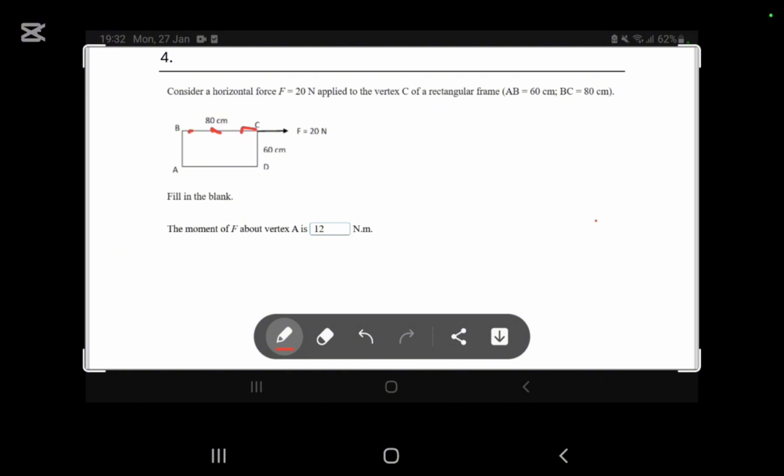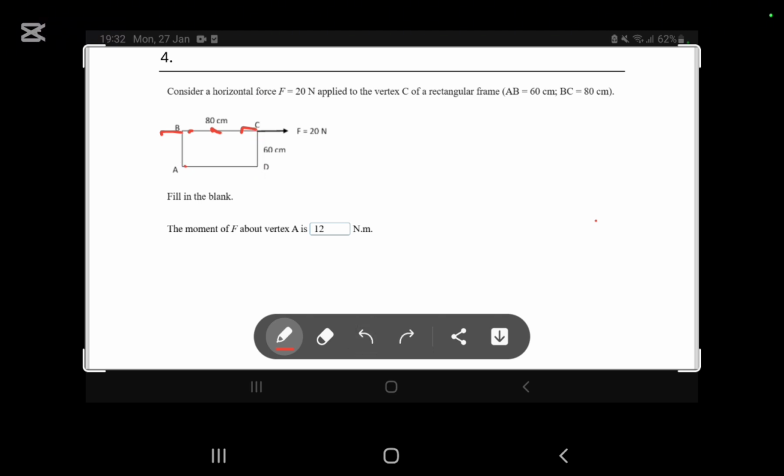Now the perpendicular distance from A to F is going to be this distance, because this is perpendicular to it.